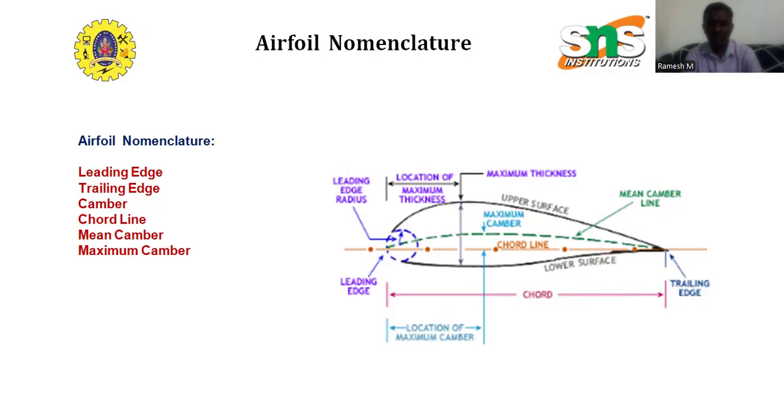It gives a four-digit series, six-digit series like that. You can have a NACA series airfoil. We will discuss it later. How to find the maximum thickness of the airfoil as well as the position of the camber, we can find it easily. We will do all of these things in the next class.